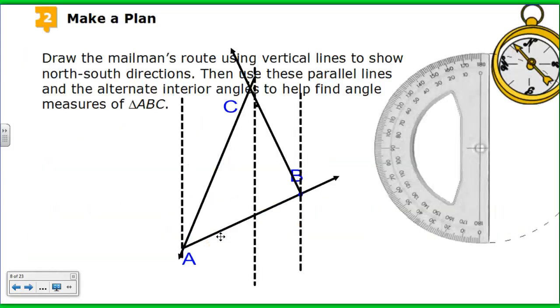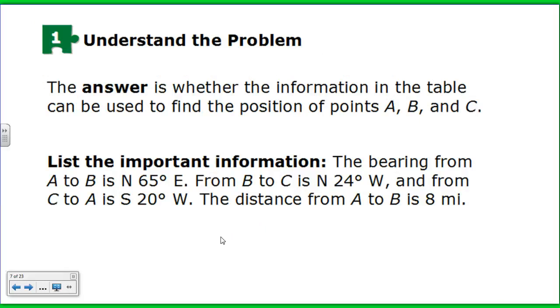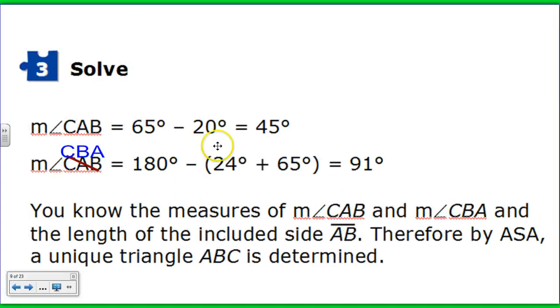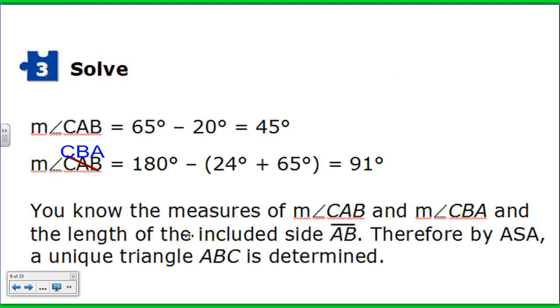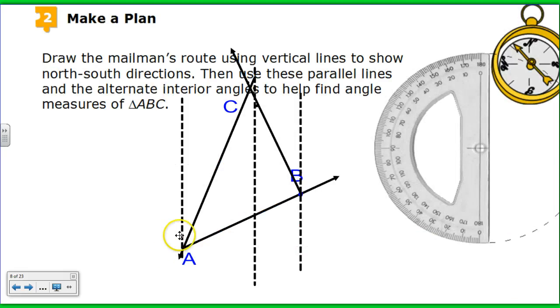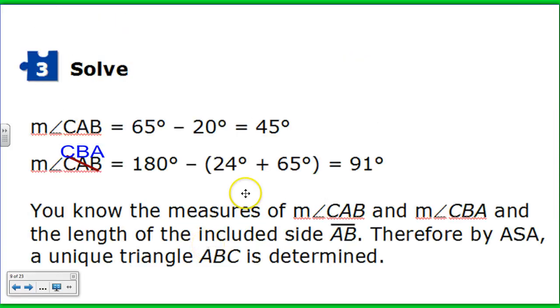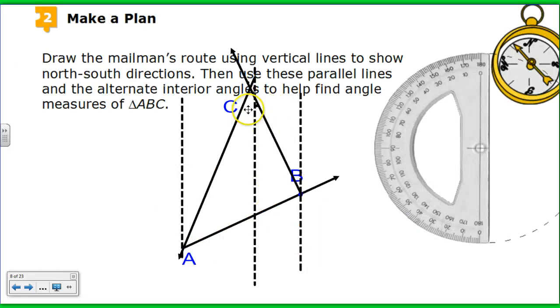So the question that is being solved here, the measure of angle CAB, let's look at that, CAB, is 65 degrees, remember we turned that direction 65, and subtract the 20 degrees, and that's the 20 degrees that we have here, right?